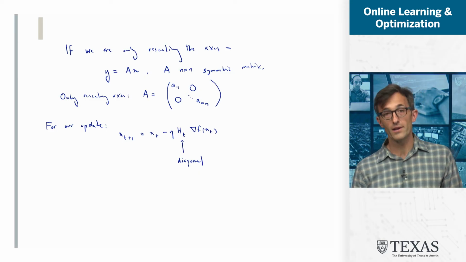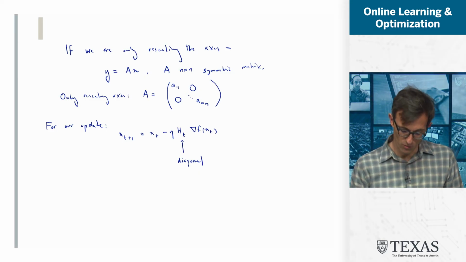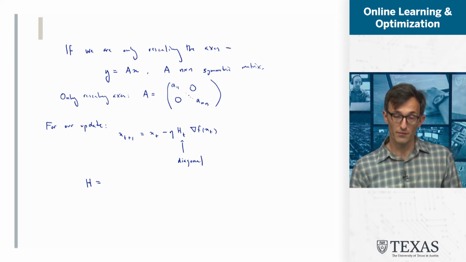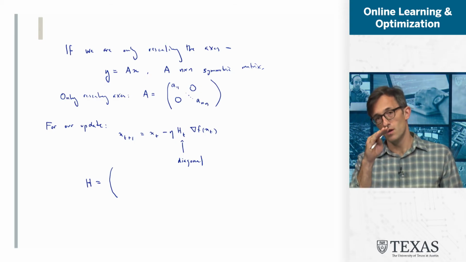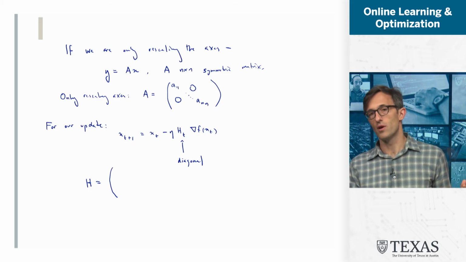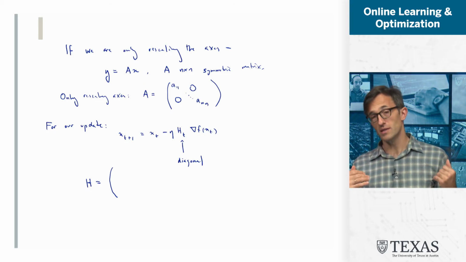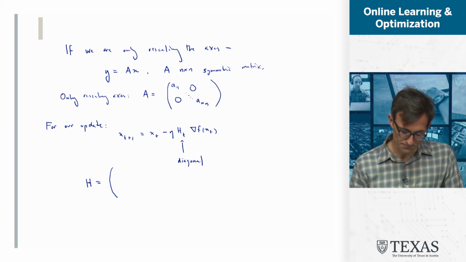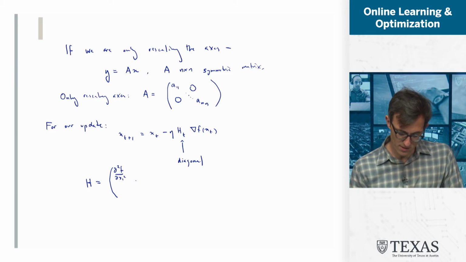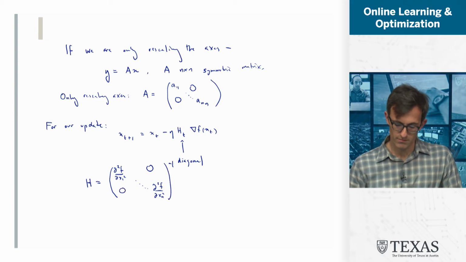First of all, one natural choice of a diagonal matrix would be H equal to the inverse of the matrix that has the second derivatives of f along the diagonal, but zeros on the other elements. In other words, H is the inverse of the matrix obtained from the Hessian by just taking its diagonal. That would be the second derivative of f with respect to x1, all the way down to the second derivative of f with respect to xn, and zeros everywhere else, inverse.